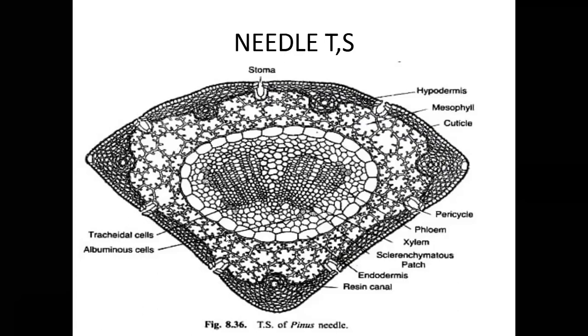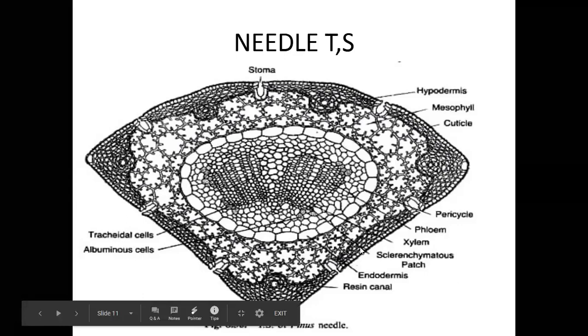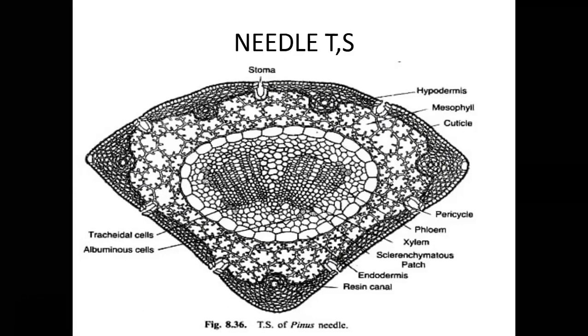The mesophyll is in contracted and relaxed positions. If the plant needs more photosynthesis, they are expandable. If they need less food material, they are contracted and relaxed.